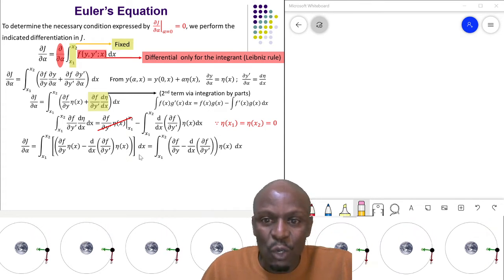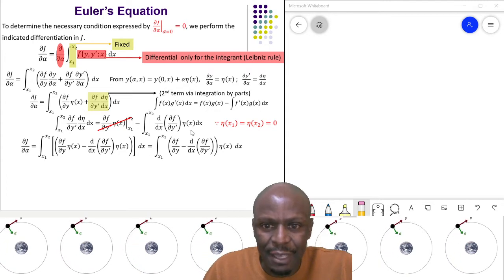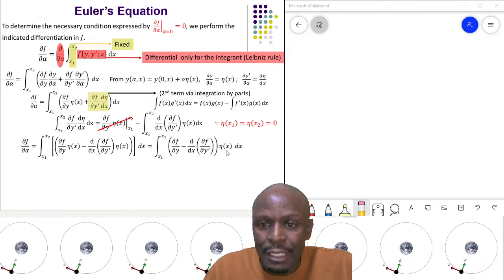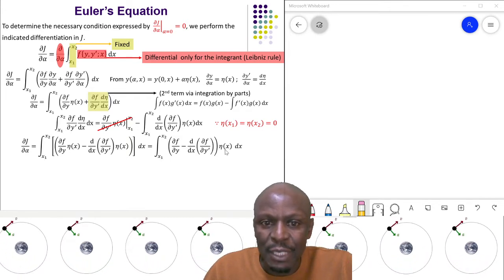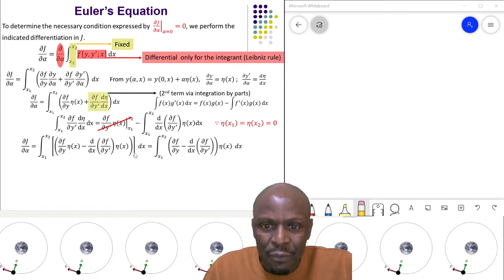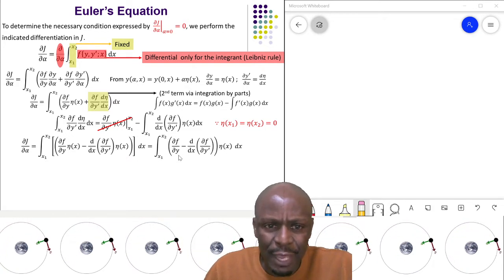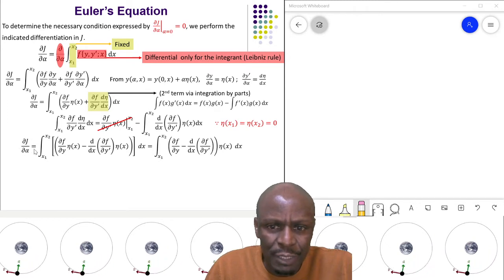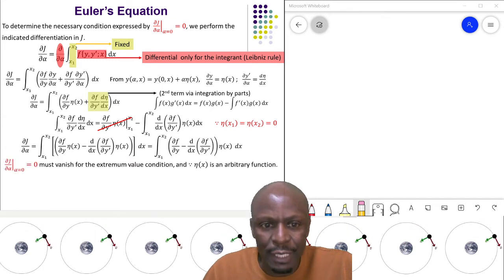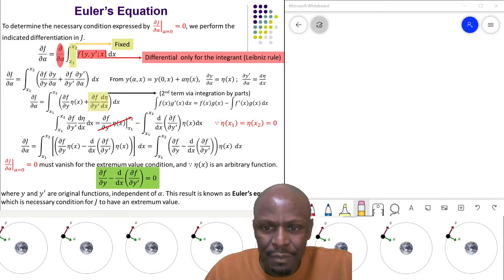We can also factor out eta of x, because eta of x is actually the variation, which is totally independent of this other function. Therefore, for this to be equal to 0, this should be equal to 0, and that is what we call the Euler's equations, right?